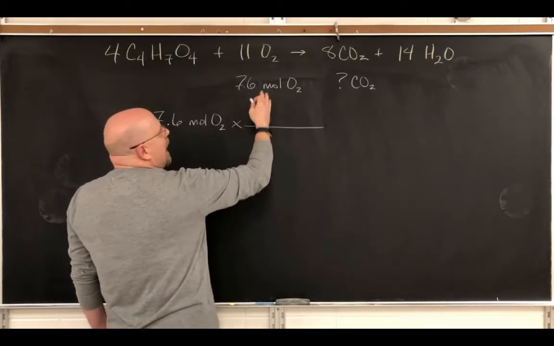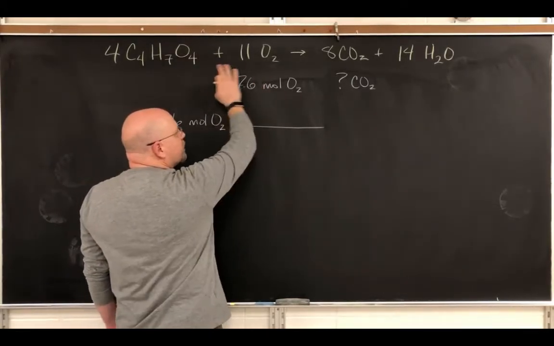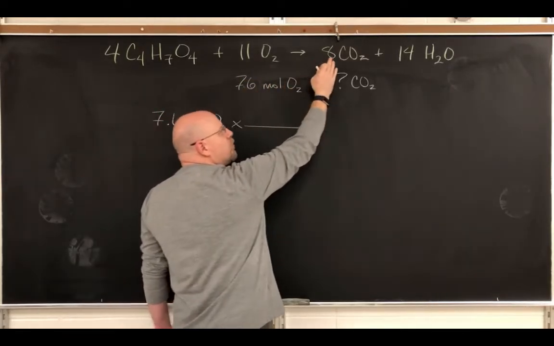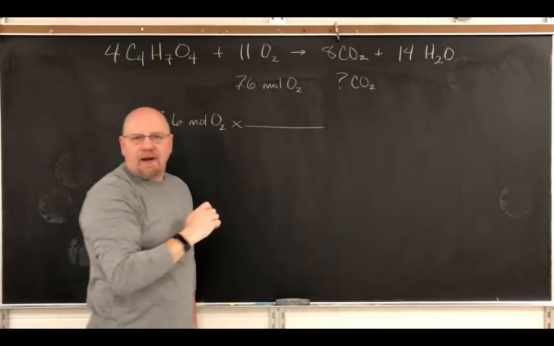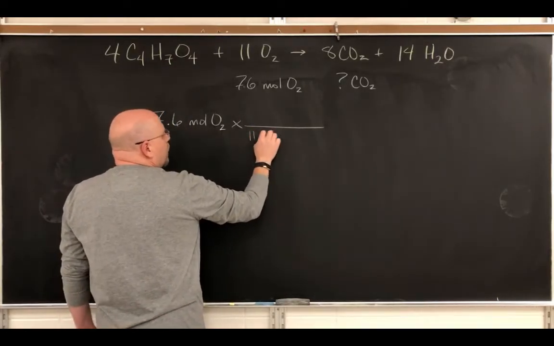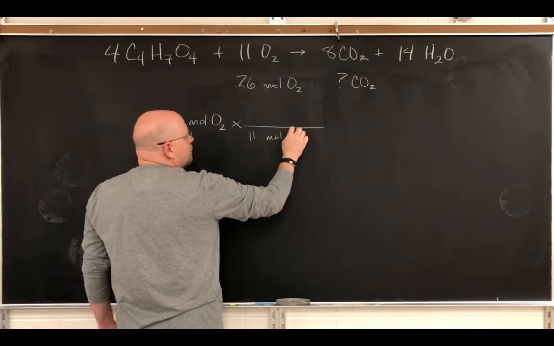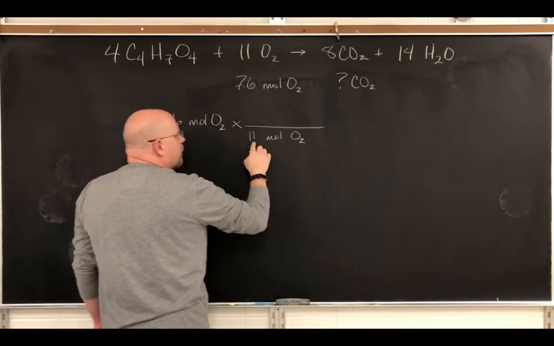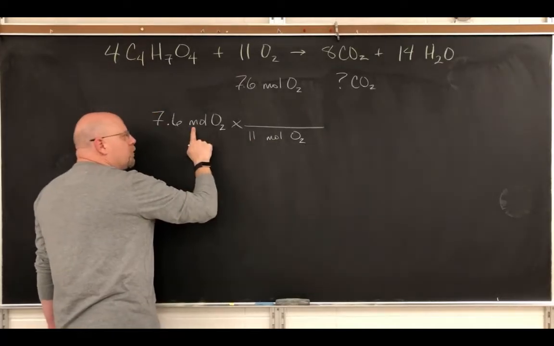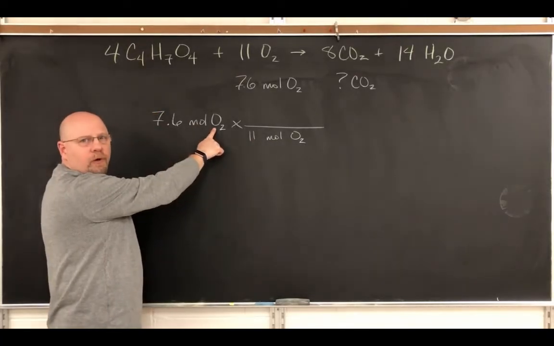So we know that in this reaction, based on the balanced equation, 11 moles of oxygen will be equivalent to or equal to 8 moles of carbon dioxide. So we are going to put 11 moles of O2 on the bottom, and that 11 is coming from the coefficient. We need moles of O2 so that we can cancel out this moles of O2.